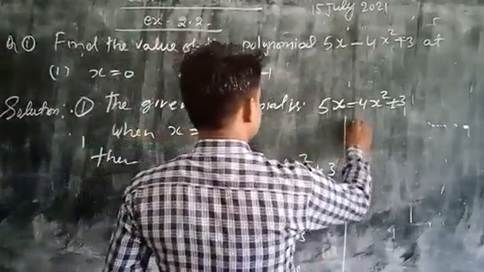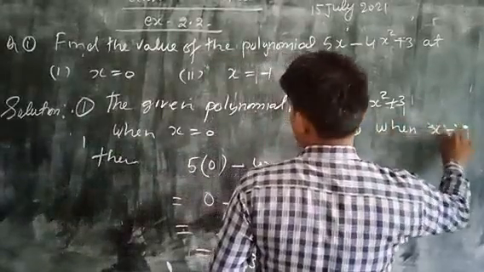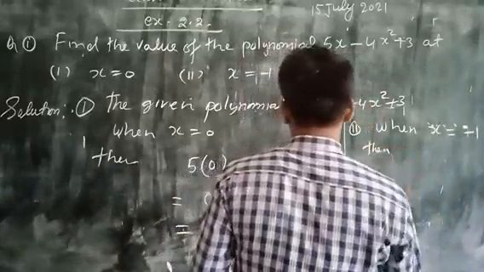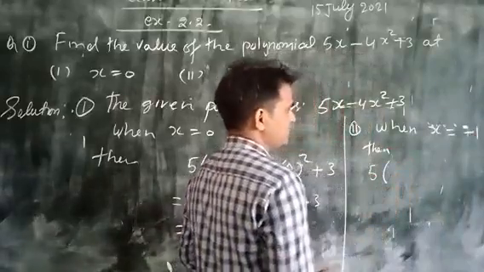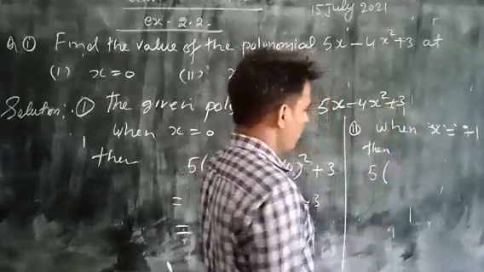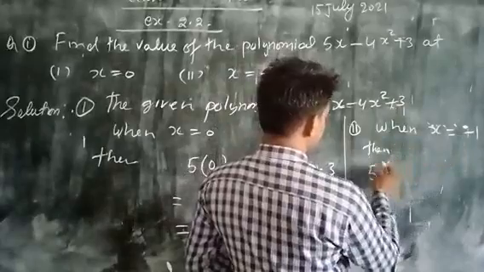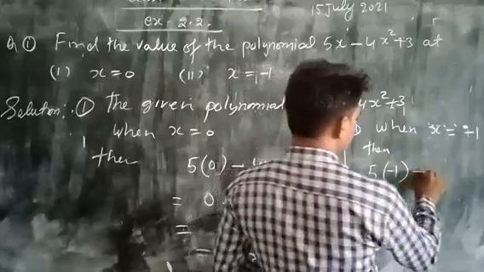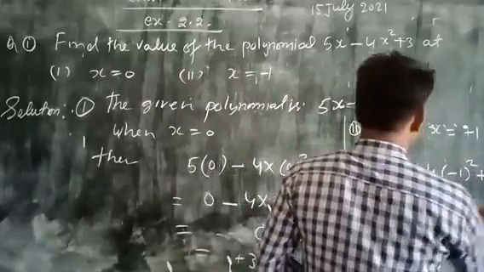Number second, when x is equal to minus 1, the value of the polynomial 5x minus 4x square plus 3. On putting x is equal to minus 1 in the polynomial, we have 5 into minus 1 minus 4 into square of minus 1 plus 3.